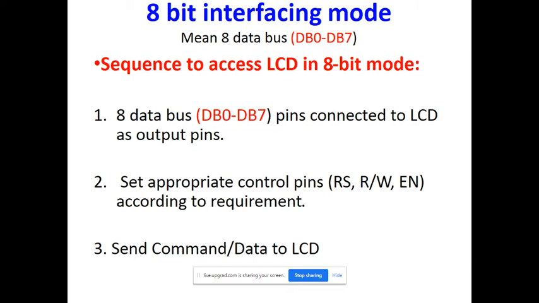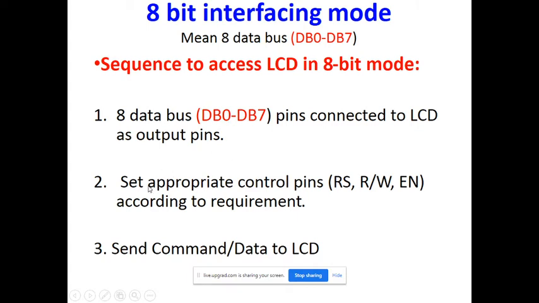Now there are two ways of configuring the LCD: 4-bit configuration or 8-bit configuration. First we will discuss the 8-bit configuration. In the 8-bit configuration, first the 8-bit data comes on the pins D0 to D7.